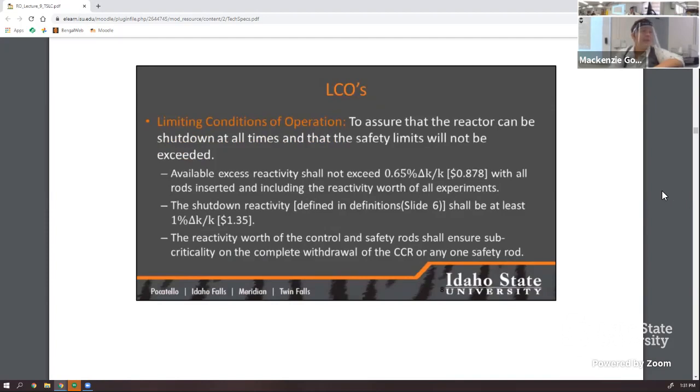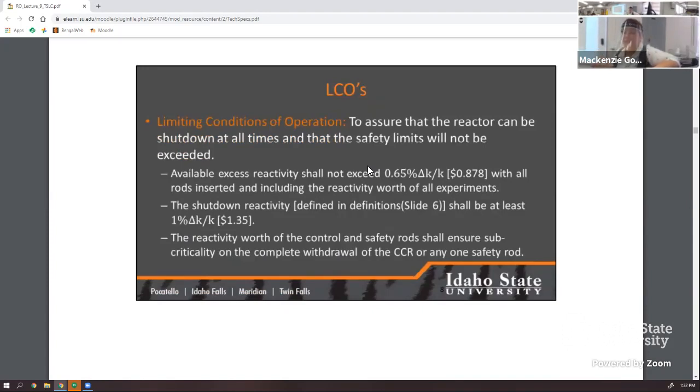LCOs. These ensure that the reactor can be shut down at all times, right? These are our actual limiting conditions to ensure that our LSSs are able to function to protect the safety limit, okay? And so what we're saying is we're putting a limit on excess reactivity, which effectively physically limits the core from producing as much power as we would need to get to the 100 watts, right?